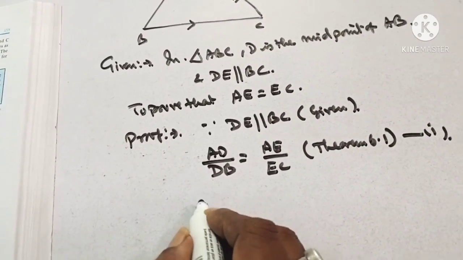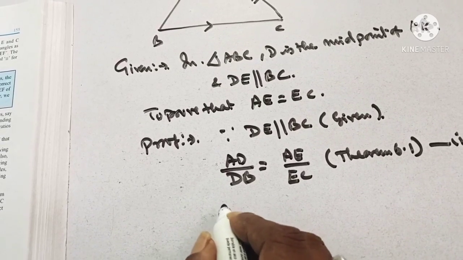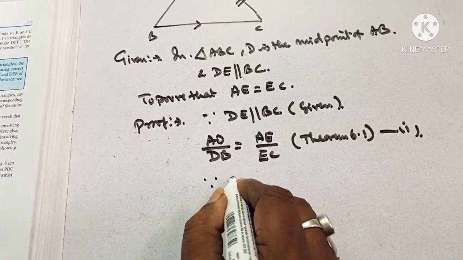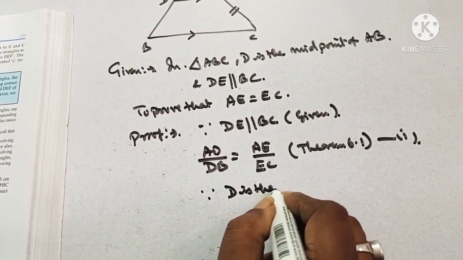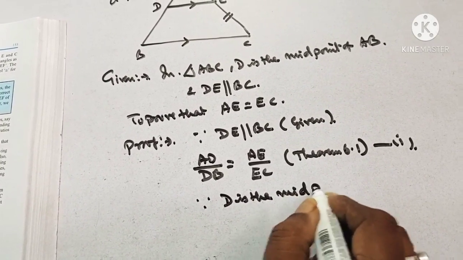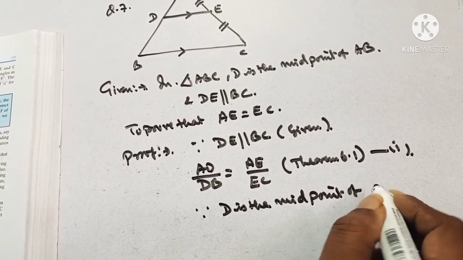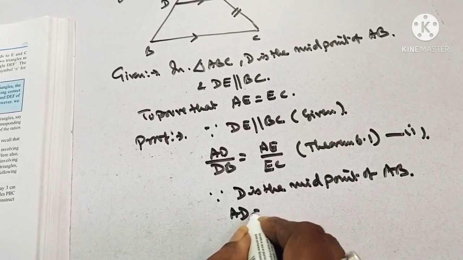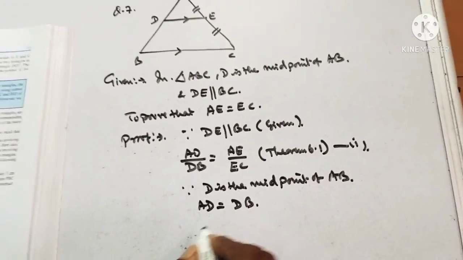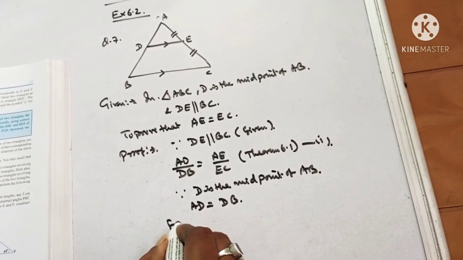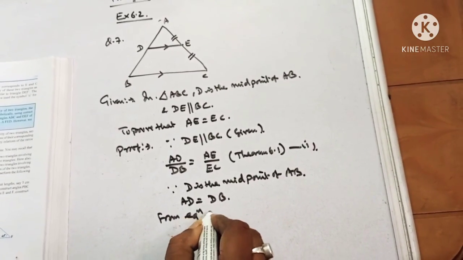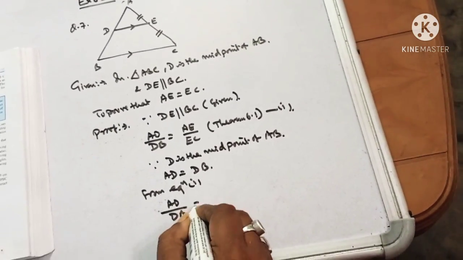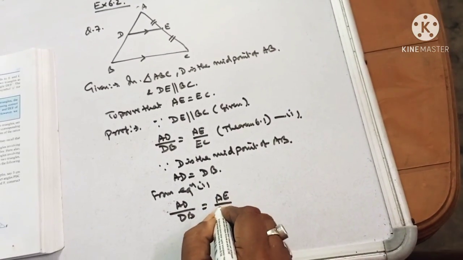And again, since D is the midpoint of AB, AD is equal to DB. Now, from equation 1, AD by DB is equal to AE by EC.